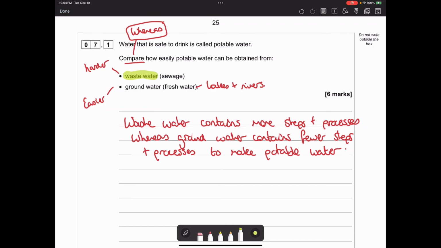So a good comparison there, linking in the word whereas.